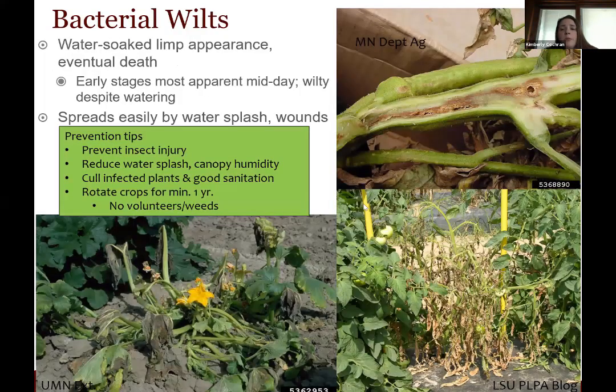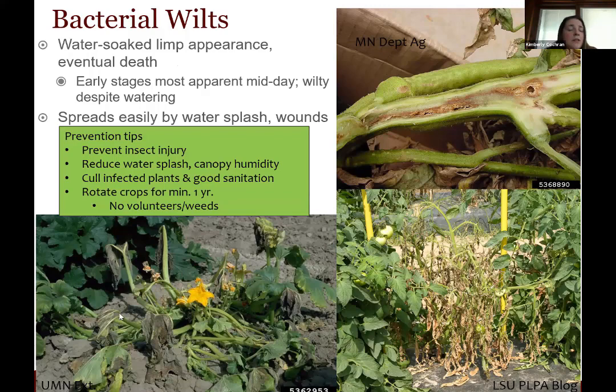Okay. So a little more about bacterial wilts. Here we have some pictures of bacterial wilts, particularly on tomato and a cucurbit. With these, we always see a water-soaked limp appearance, and they almost always result in eventual plant death. Here you can see that really water-soaked limp appearance on the cucurbit.